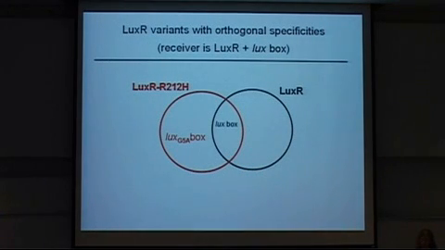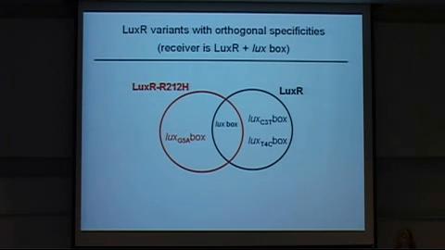So we also looked at LuxR at different LuxBox, as I mentioned before, and we could find that it activates at 3T and 4C. So we took advantage of that. So now instead of trying to take LuxR and evolve it to something that's completely orthogonal to the LuxBox, we've actually got variants that can respond to G5A, and then LuxR can respond to these LuxBoxes.